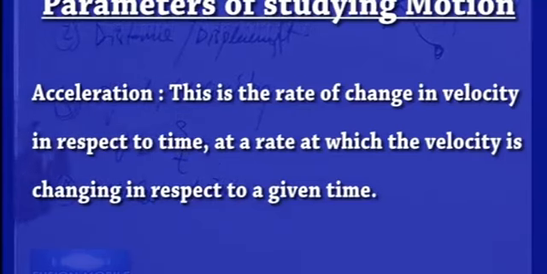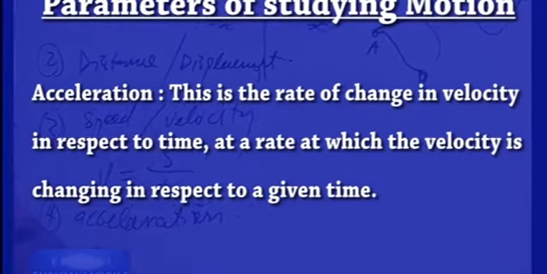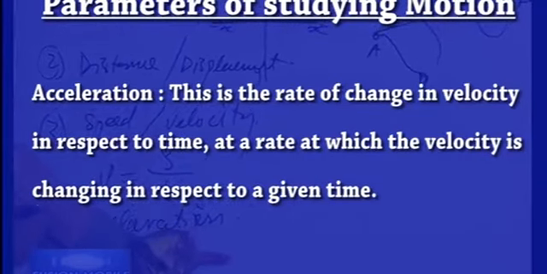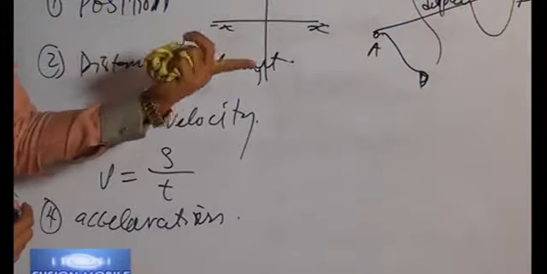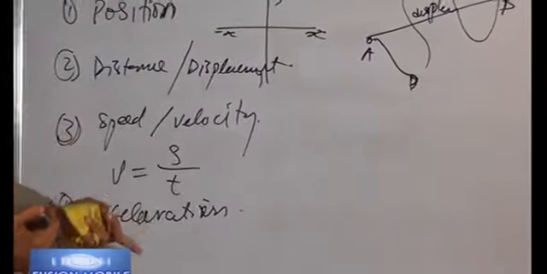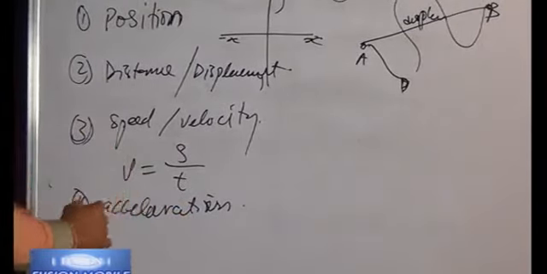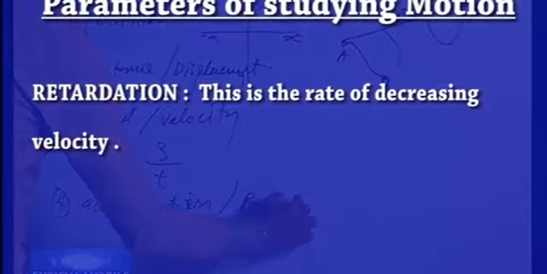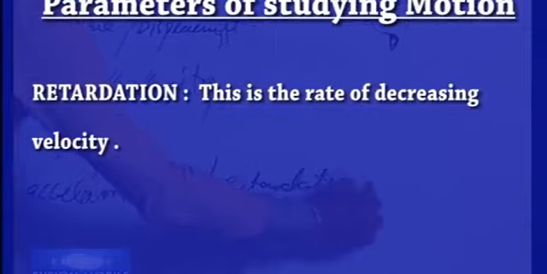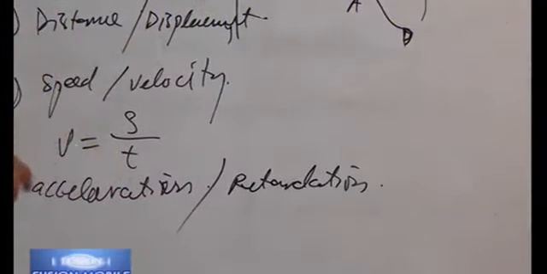The rate by which the velocity of a body is changing with respect to a given time is called acceleration. When it's increasing, we'll say that it is accelerating, while when it's decreasing, we'll say that it's decelerating or retardation. So after acceleration, we talk about retardation, which is the rate of decreasing velocity.